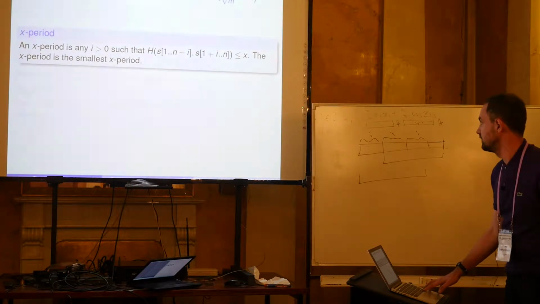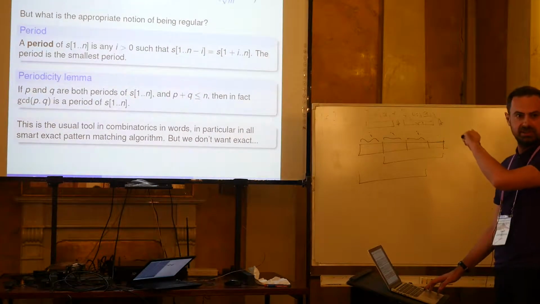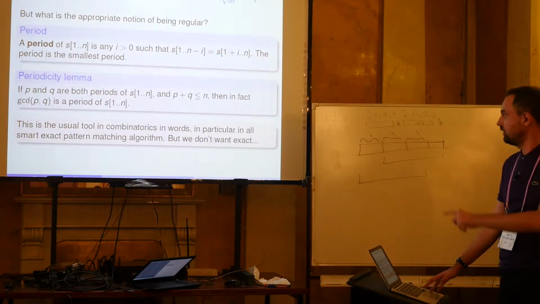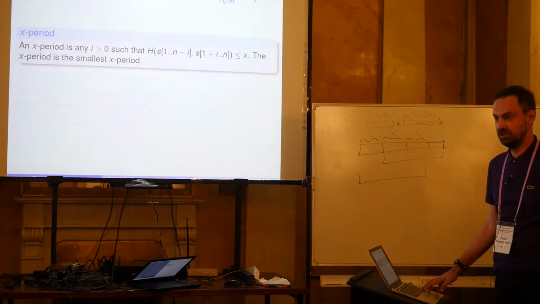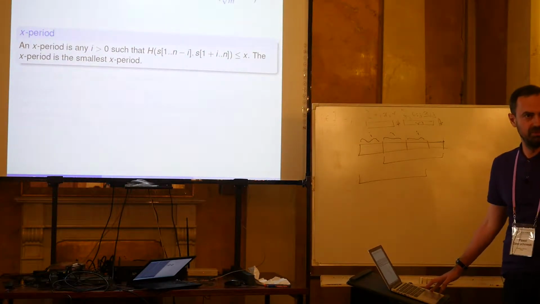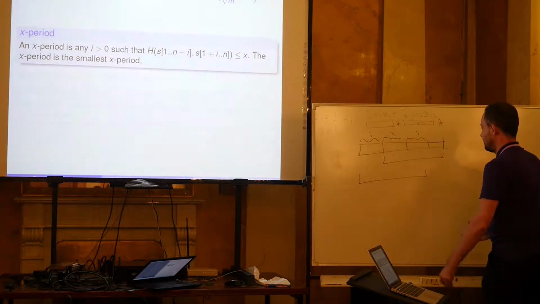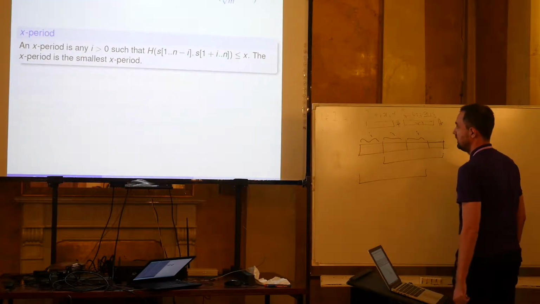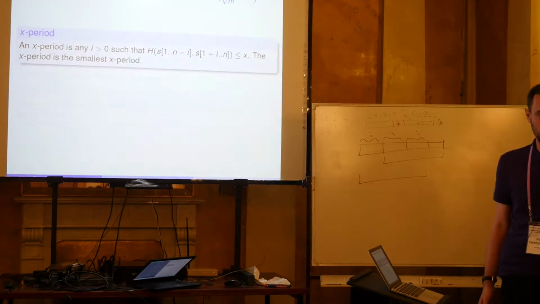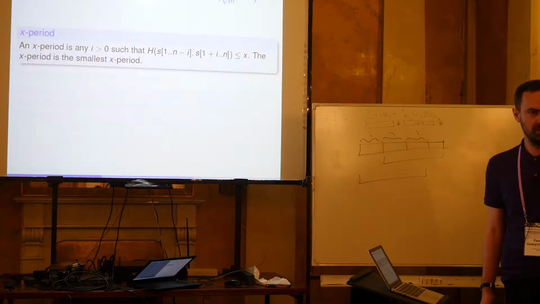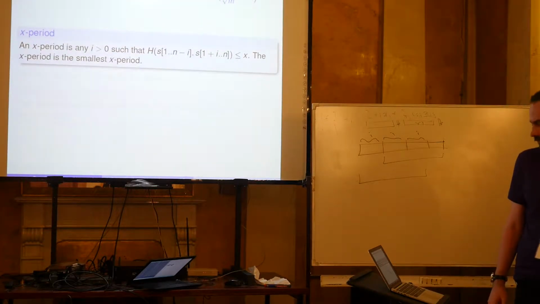When you look at this definition of period and x period, they're almost identical, except that instead of equality, my condition is that the Hamming distance should be at most x. So 0 period is just period in the traditional sense. I take the first n minus I characters and the last n minus I characters, and the Hamming distance between those two strings should be at most x. That's my notion of x period. It's a natural generalization of period.